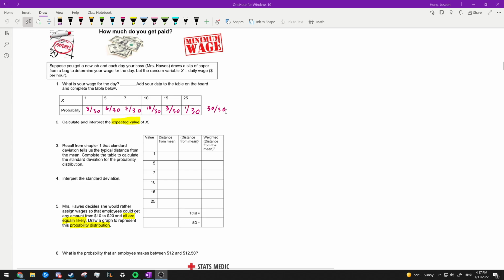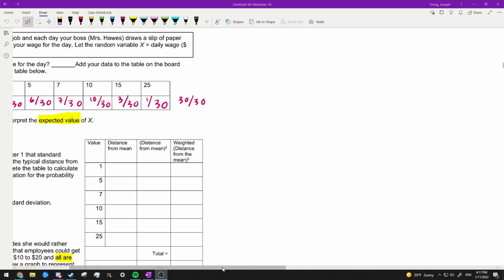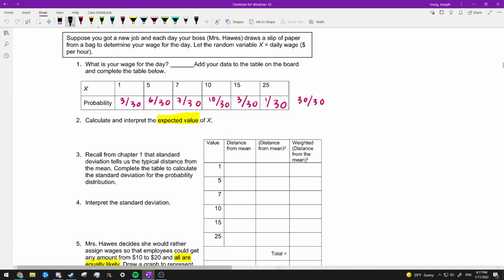So I have this table which shows the probability of you drawing these. If I had 30 people in my experiment, 3 people got $1, 5 people got $6, and so on.